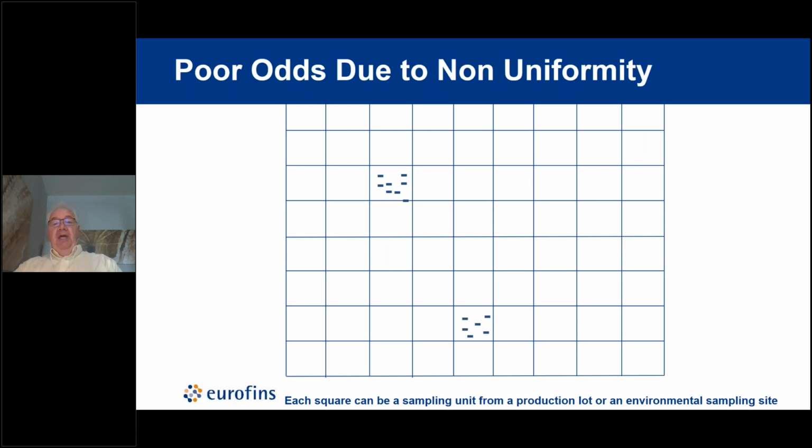What happens if you have a large population of pathogen in the lot, but it's not uniformly distributed? So here again, we've got large population that is located in only 2 locations in that production lot, or if it's environmental.